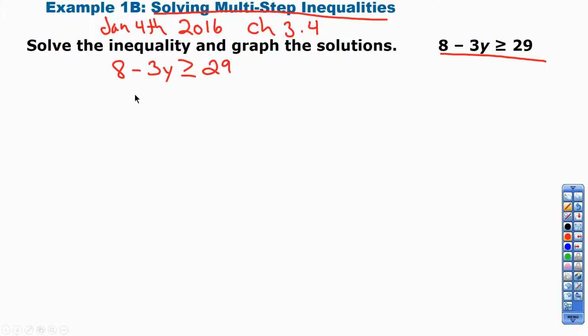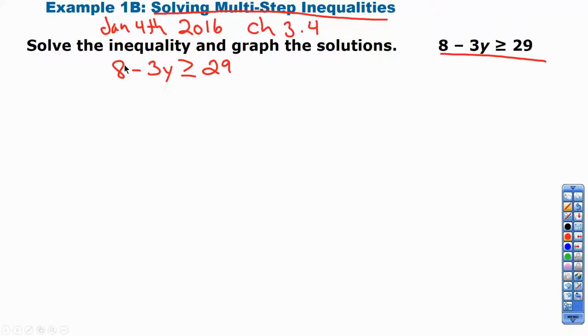Now there are two things happening on the left-hand side of the inequality. We have this 8 and we have this 3y. So we ask ourselves, what are those two things doing? The first thing I'm going to ask is, what is this 3 doing to the y? Everybody should be thinking multiply, and you would be right.